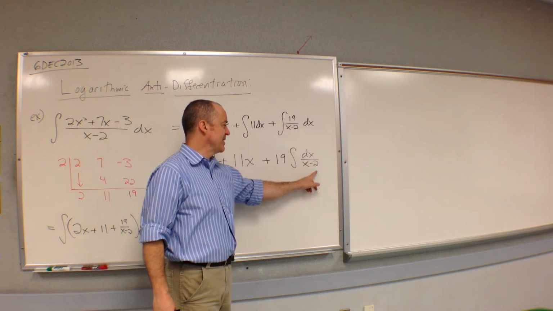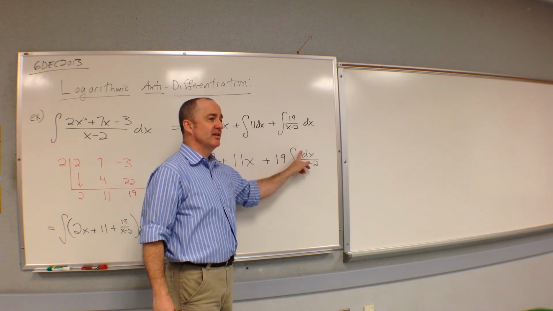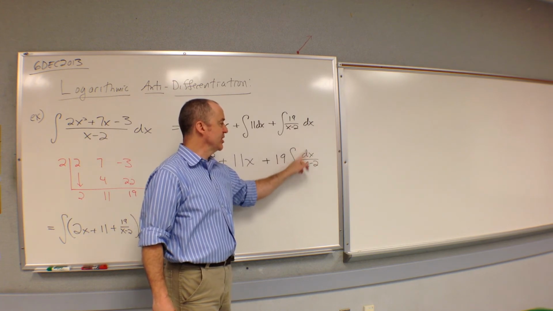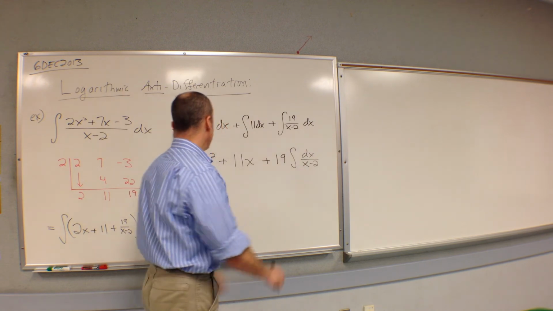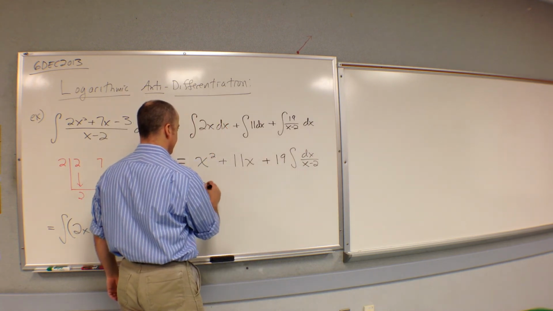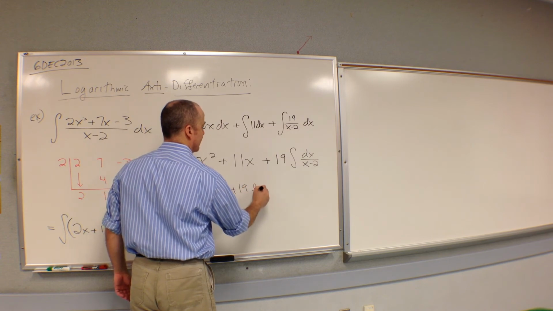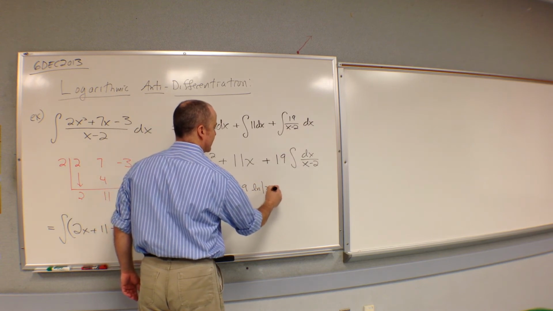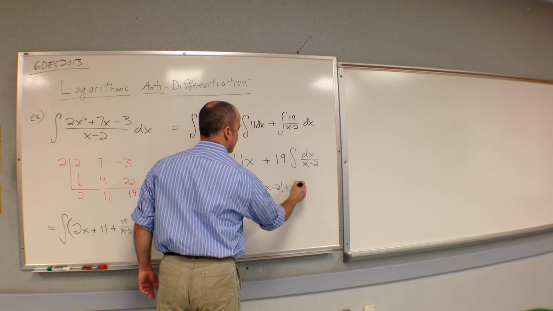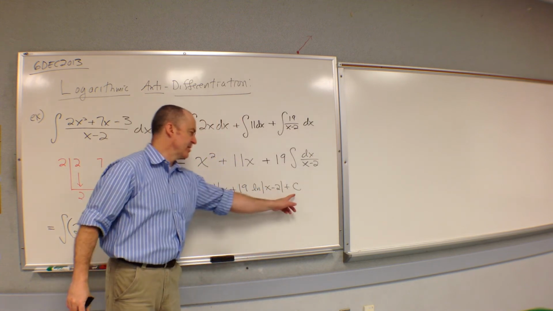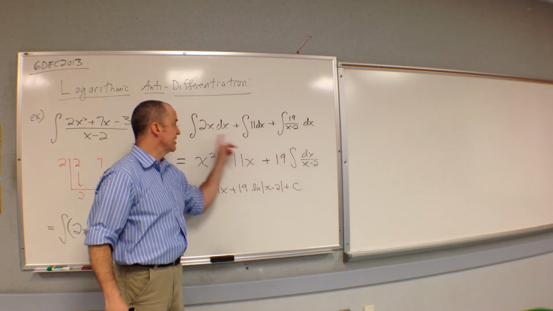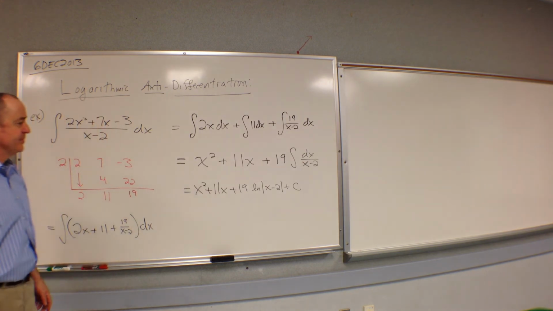The derivative of x minus 2 is just dx. I have du over u right here. So this is the new thing: plus 19 natural log absolute value x minus 2. Now I put the plus c. This is a big plus c that works for all three of these antiderivatives.